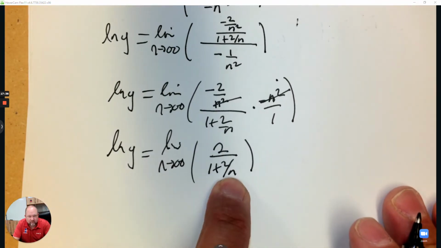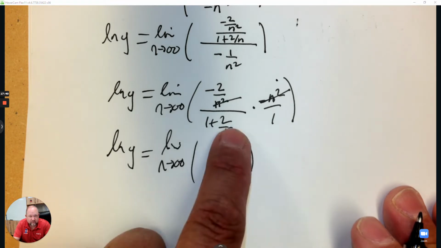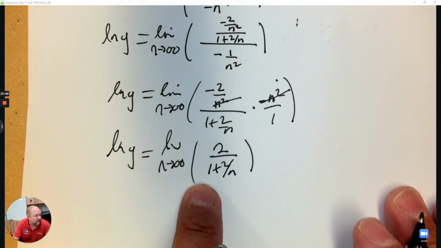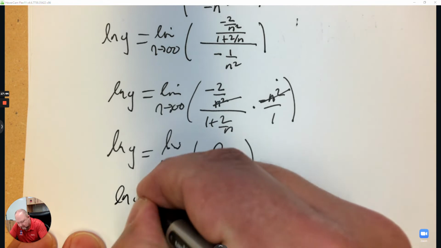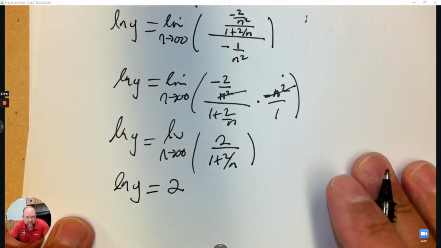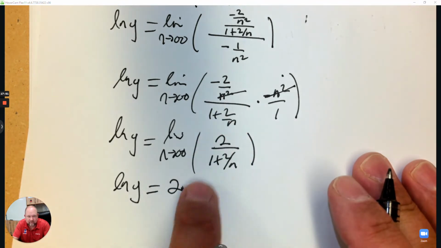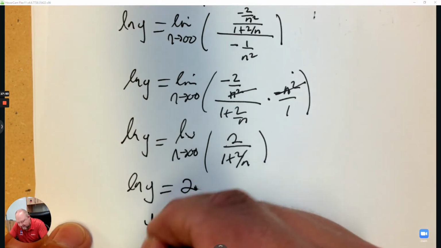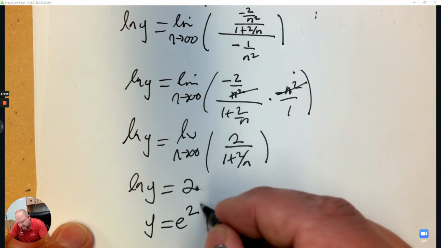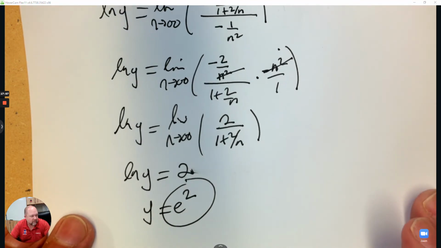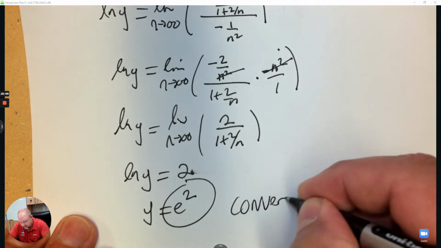Now, as n goes to infinity, this is 0, so it's just 2 over 1. So we have ln y is now equal to 2. So write it exponentially, and you have your answer. It's e squared, and it converges.